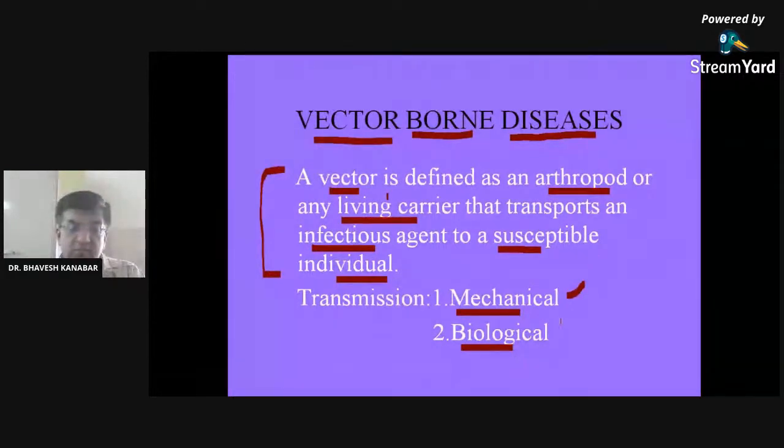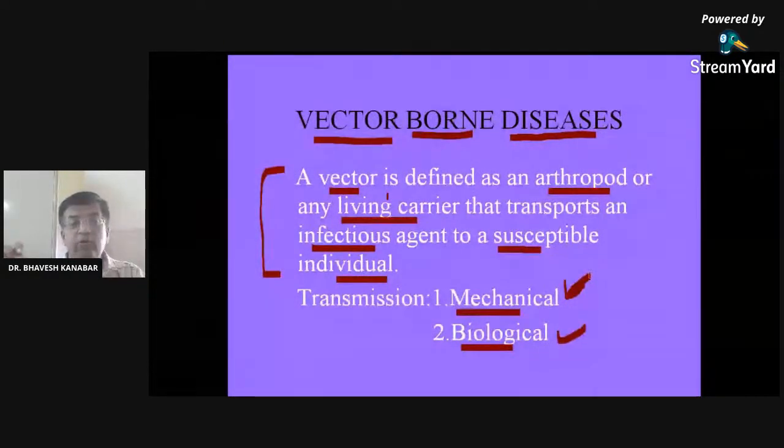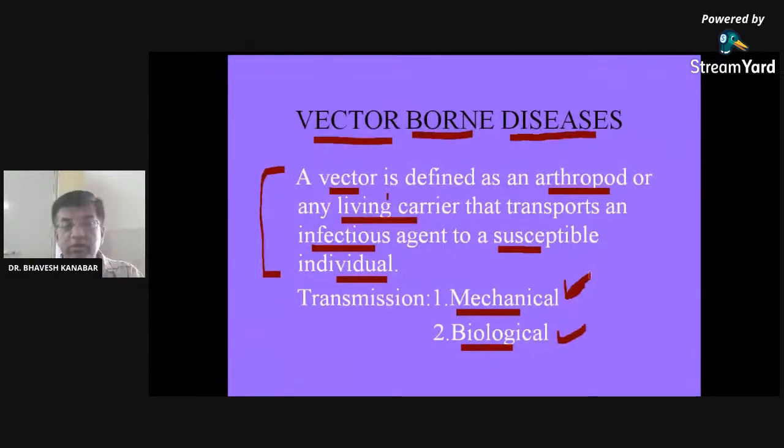Second is biological transmission by a vector in vector-borne disease. In the case of malaria or dengue, during the mosquito bite, it sucks blood from the human being. The parasite, Plasmodium vivax or Plasmodium falciparum, goes inside the gut of the mosquito, where it multiplies as well as changes its form.